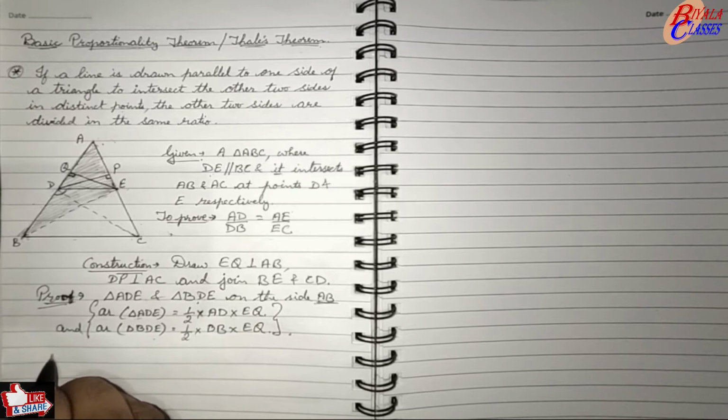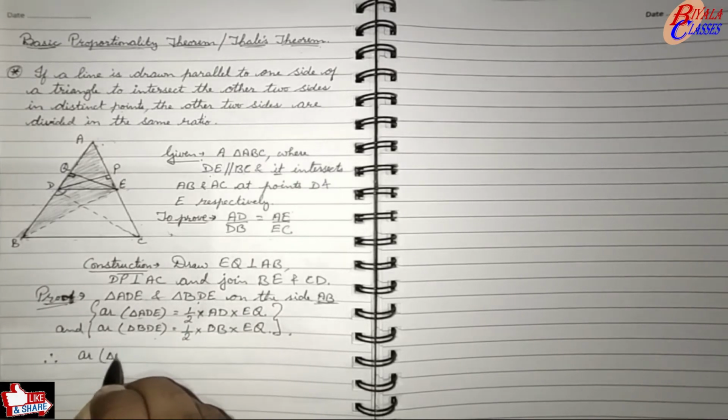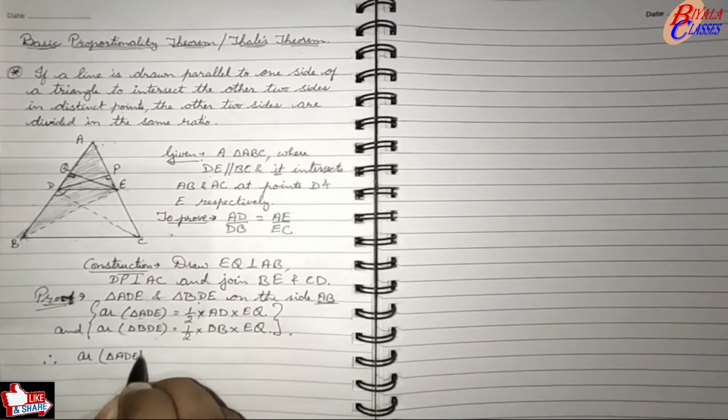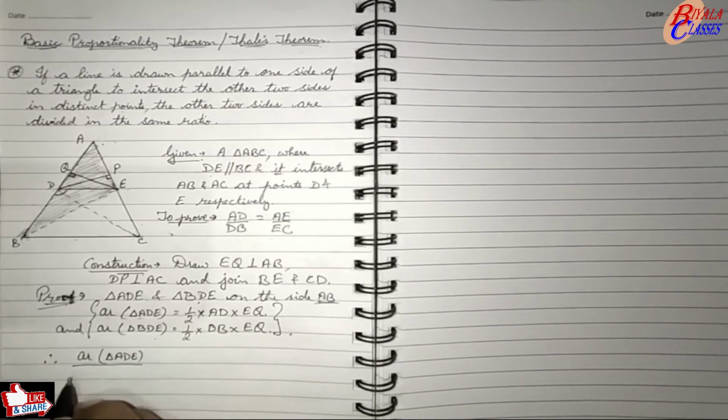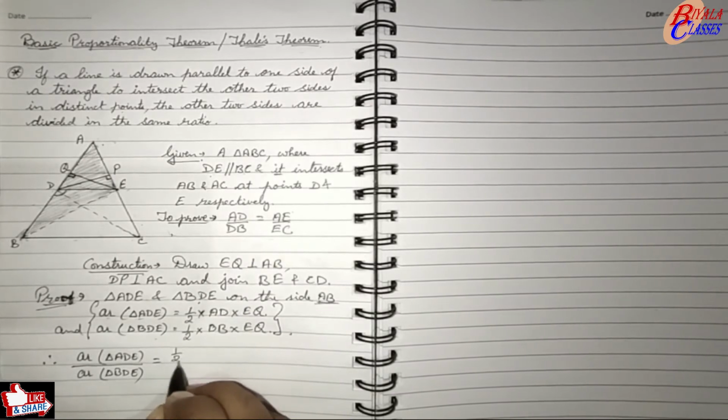Now from here, if you take the ratio of these two triangles' areas, that is area of triangle ADE and area of triangle BDE, what do we get?